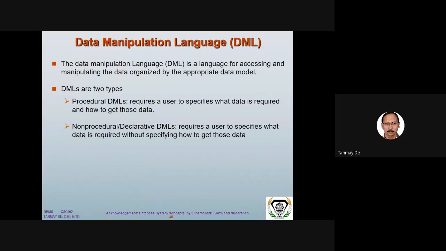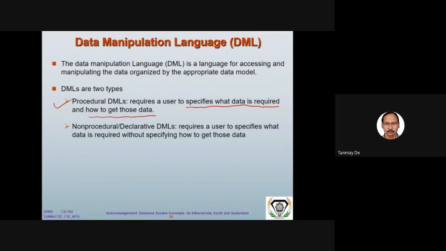Okay, and such a language is of two types: procedural DML and non-procedural DML. So what is the procedural DML? In case of procedural DML, the user is required to specify what data is required and how to get such data.